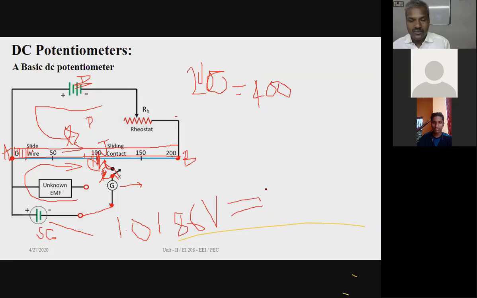So the EMF ES equals some K times L1. What is K? K is called the potentiometer constant.